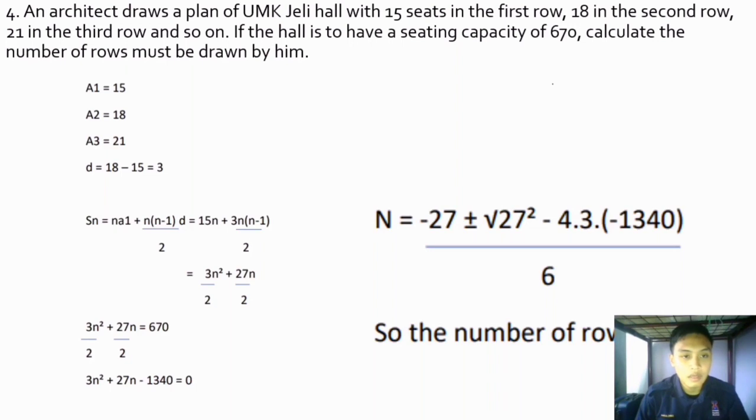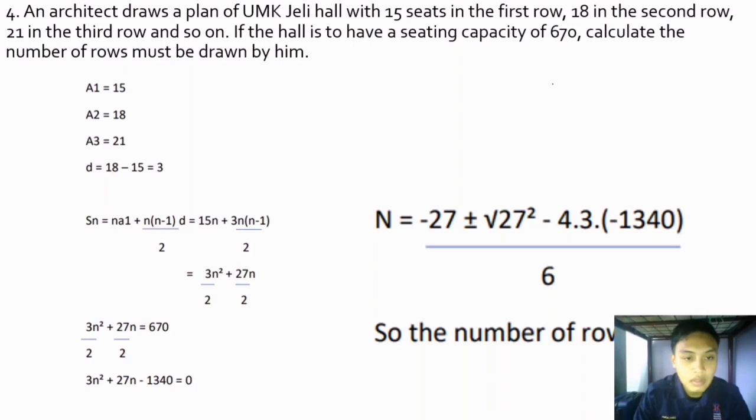So for the arithmetic problem, we got 15 for the first row, which is A1, and A2 is 18 for the second row, and the third row is A3, which is 21 seats.